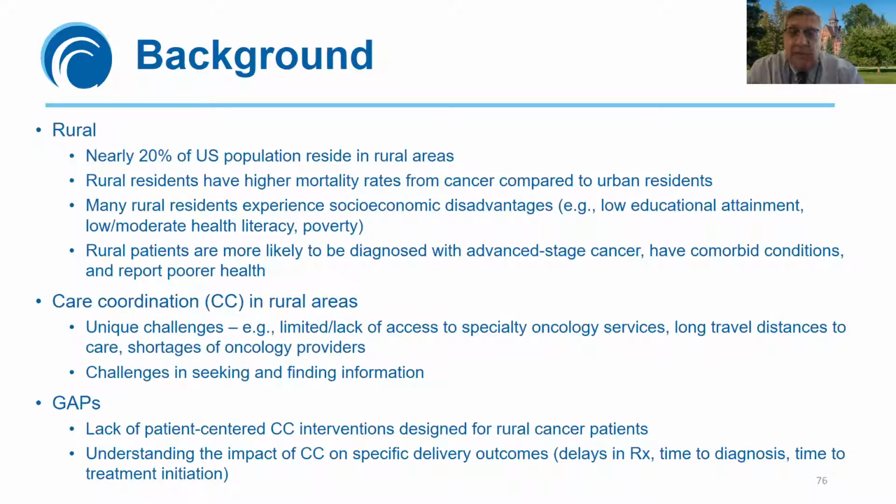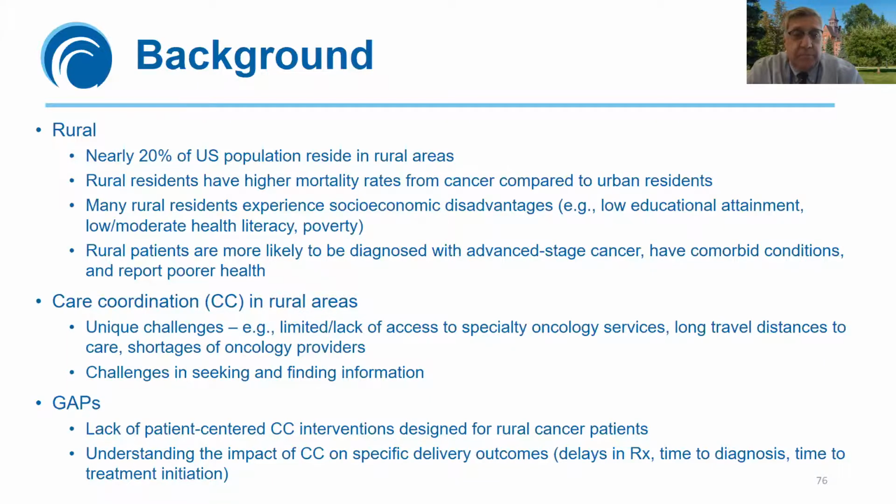These are especially severe in Hawaii. Two of the gaps we have are a lack of patient-centered care coordination interventions designed specifically for rural cancer patients, and also understanding the impact of care coordination on cancer care delivery outcomes.